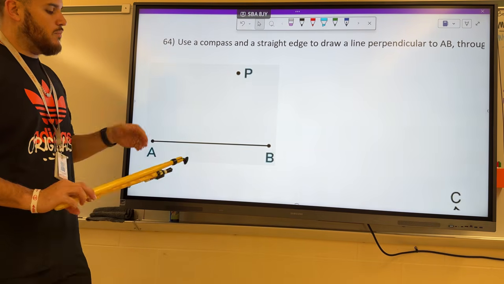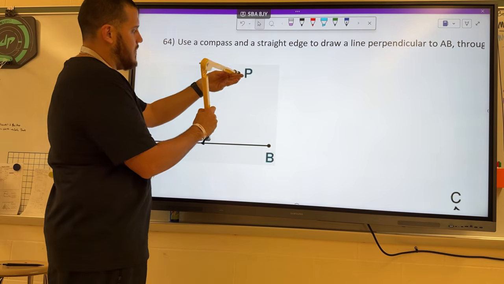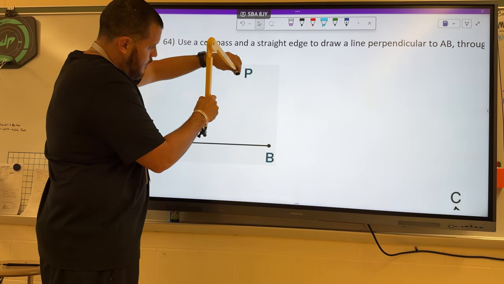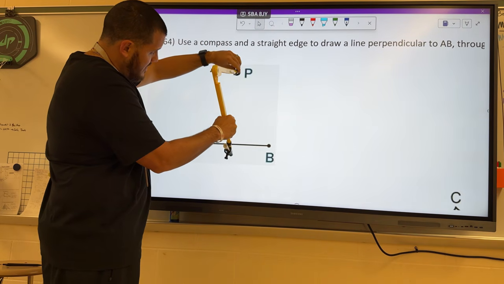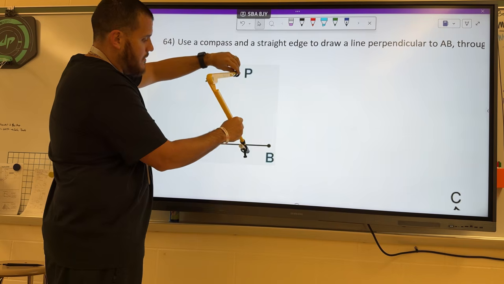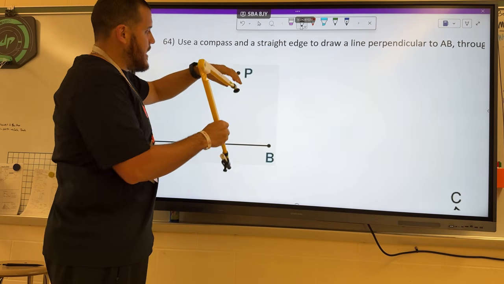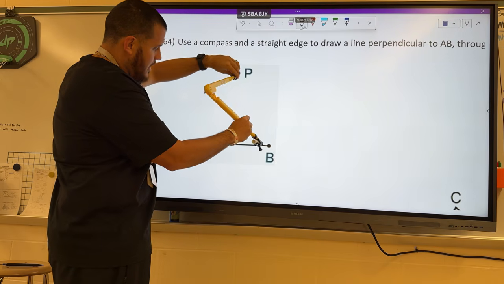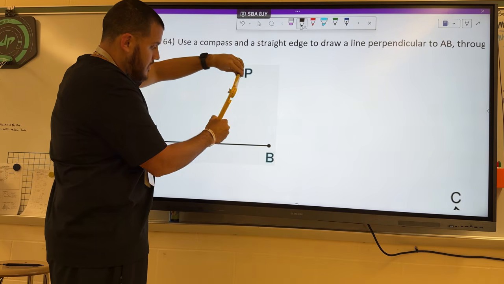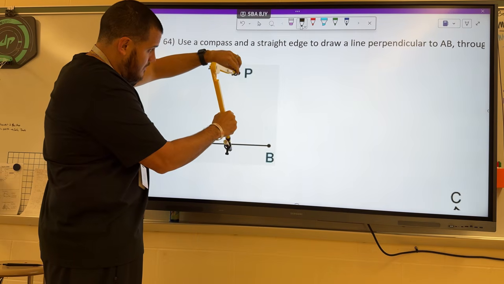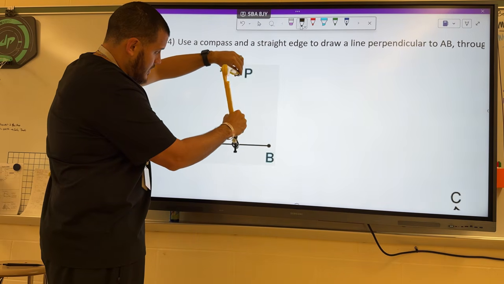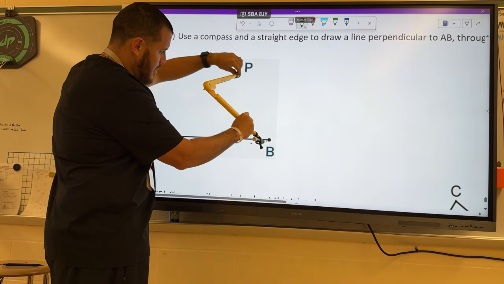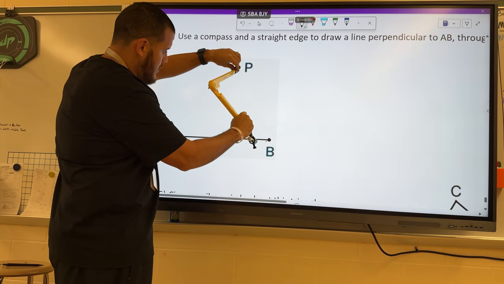Instead, what we're going to do is we're going to put our compass on point P, and we're going to make an opening that just passes our segment AB here. And we're going to make it just pass in a way that we can make arcs on our segment in two places here, down here. So I have my compass on point P. I'm going to swing my compass until I can make an arc over here on this side.